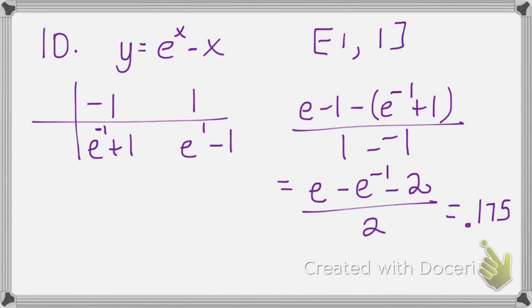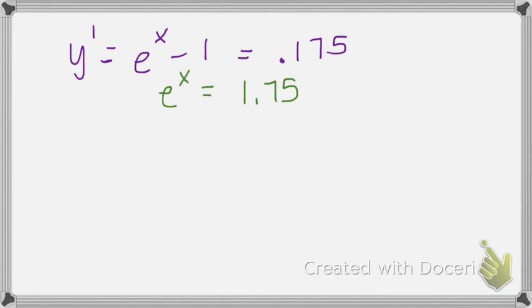What I'm going to do is find the derivative, and set that equal to that value. So the derivative would be e to the x minus 1, and I'm going to set that equal to 0.175, using that whole value I got in the calculator. Now I'm going to solve this just the way that you normally would, like you would add 1 on both sides. Then to actually solve it algebraically, you take the natural log on both sides.